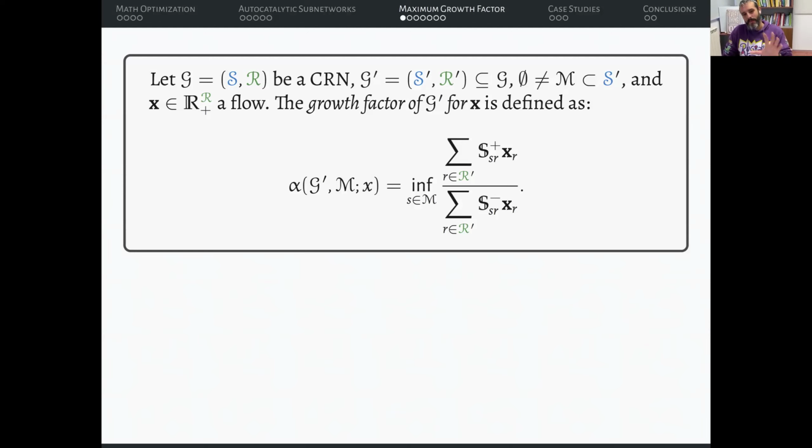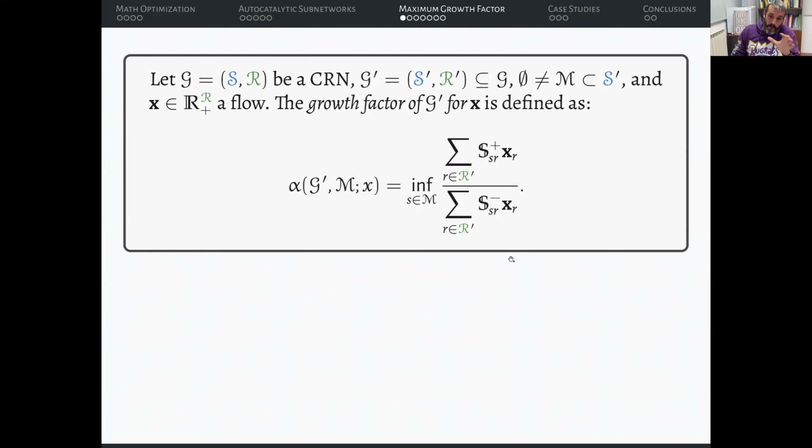And then we were thinking about the growth factor of a subnetwork, which is defined in this way. If you are given a flow and a subnetwork with a given subset of the species M, which will represent the autocatalytic species, but this way is general.